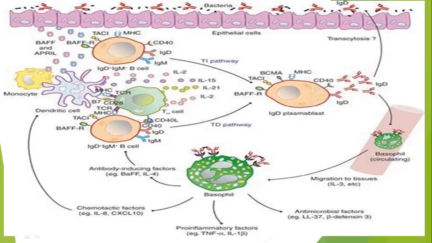If it is a very strong antigen that has multiple binding sites, okay, more of a polyvalent antigen, we're going to have a process whereby some of the B cells are going to undergo T cell independent activation.